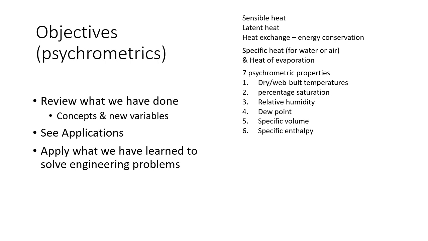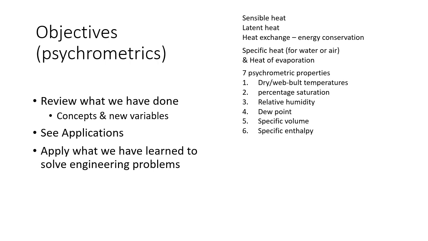Then specific volume is the volume per kilogram of the air. And then the specific enthalpy is the energy contained in 1 kilogram of air. And that air is a mixture of dry air and vapor.